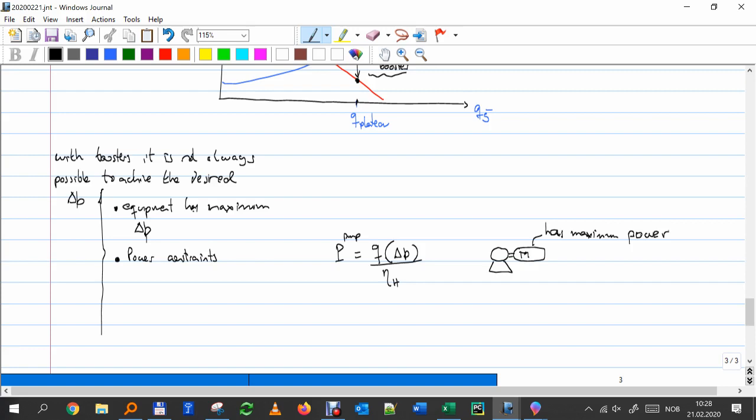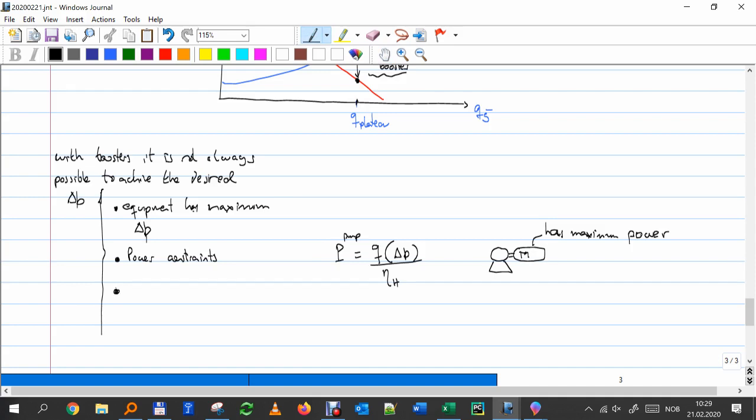I have some numbers that I use, 1 megawatt, half a megawatt, but I can go up to some certain number. So if I say I need a 100 megawatt motor, you won't find that motor. Even if you are Bill Gates, the richest person in the world, you won't find a motor to give you that delta P. So that's one thing we have to be careful about, the power constraint, because the motor has a maximum power, and I won't be able to achieve that.